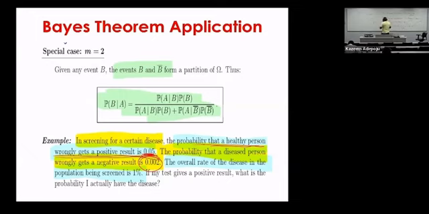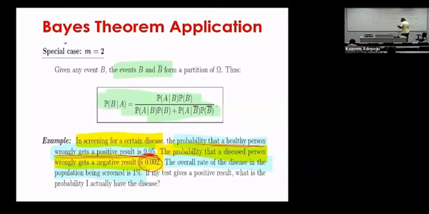Now when you take a look at this, if this is 0.05, it means the person is actually B bar, which is disease is absent, right? And A, a person getting a positive result, that's an error, right? So the conditional probability of A is going to come in terms of the error.